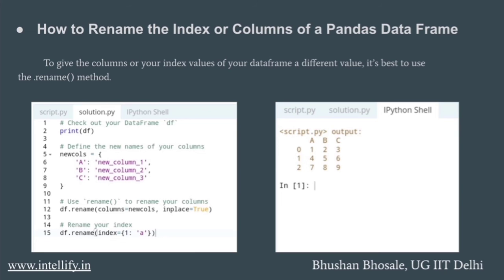All right, now in the 5th line df.rename(index={1:'a'}), we rename our index with the rename function again. So whenever you want to rename the index or the columns, we use the rename method.